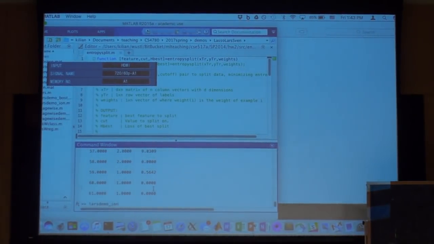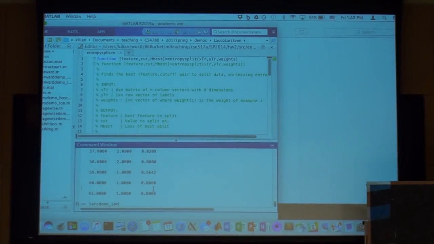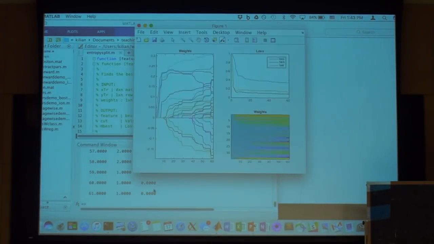Okay, what I want to show you now, it's a small data set, iron. I don't think you've seen it yet. It's a small data set actually from life sciences.